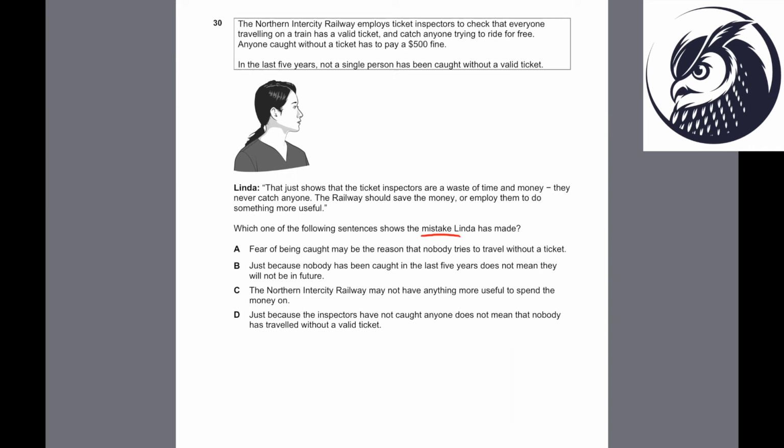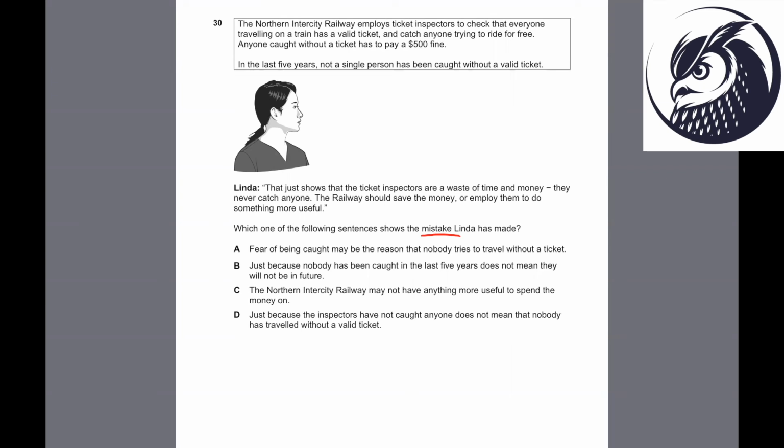And let's have a look at Linda's statement. Linda says, that just shows that ticket inspectors are a waste of time and money. They never catch anyone. The railroad should save the money or employ them to do something more useful. Which of the following shows the assumption that Linda's made? So again, let's represent Linda's conclusion in a little bit of a flowchart. She's basically concluded that ticket inspectors are not useful because they don't catch anyone.